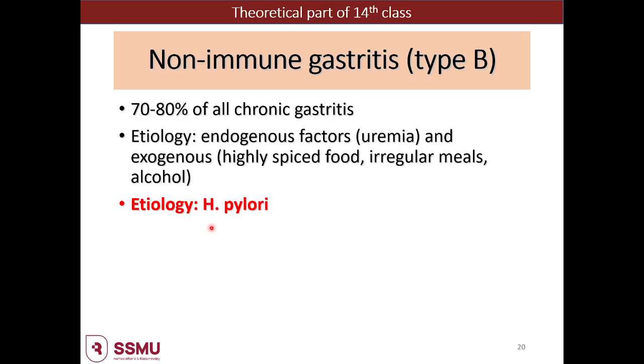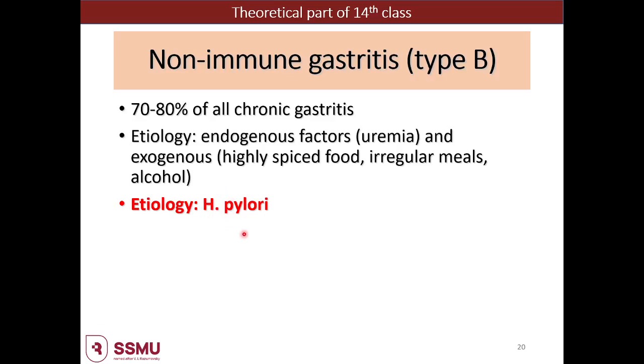It may be endogenous and exogenous, but these endogenous and exogenous factors are only stimulating factors for Helicobacter pylori, because at the beginning of the 21st century some scientists from the USA and Australia got a Nobel Prize for discovery of the real etiological factor of this type of gastritis, and it is Helicobacter pylori.